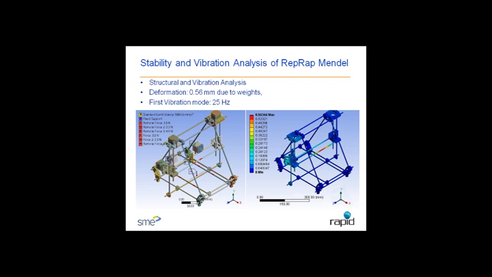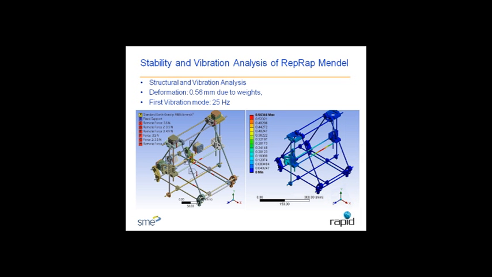Another result of this simulation is the calculation of the natural frequencies of the system, which is very important, especially when you want to avoid the resonance of the system.